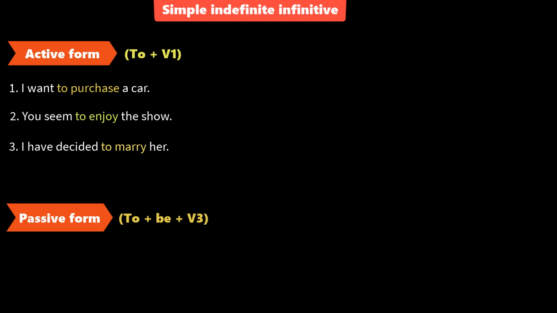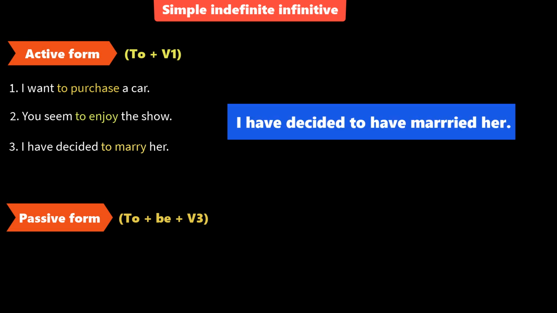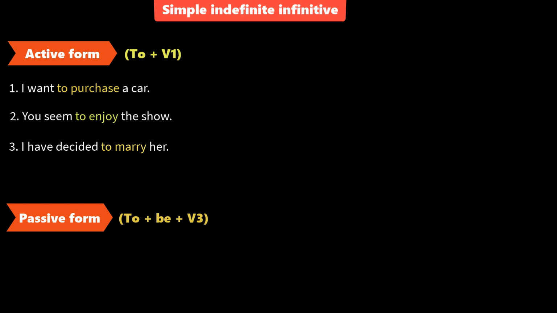Similarly, I cannot say I have decided to have married, because how can I decide an action that has already been performed? If you decide to do something, you're gonna do it later on, right? So I cannot decide an action that has already happened.